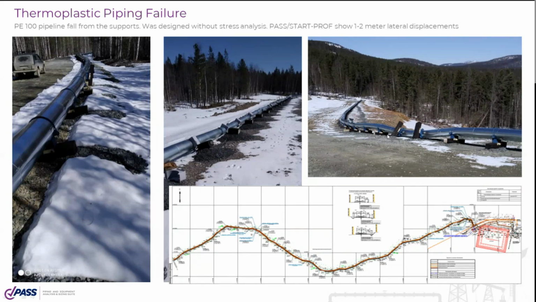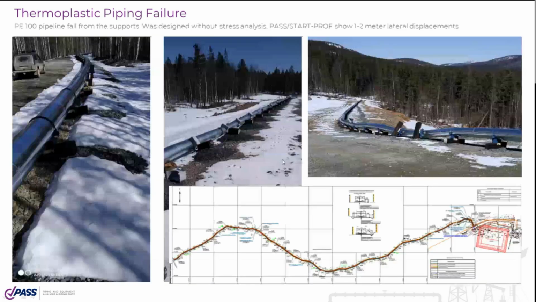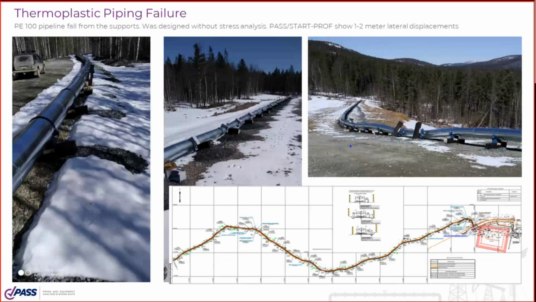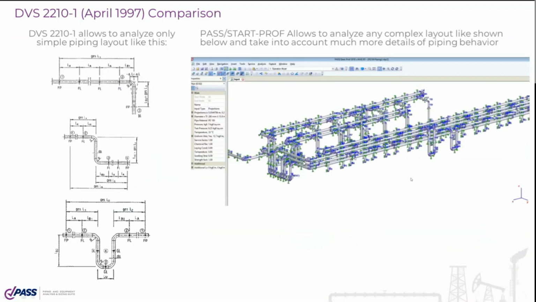So the idea was that we need to change the design of the supports to allow this pipe to slide about 3 meters in both directions. Or another idea is to add some expansion loop here to reduce the great thermal expansion of this pipeline.